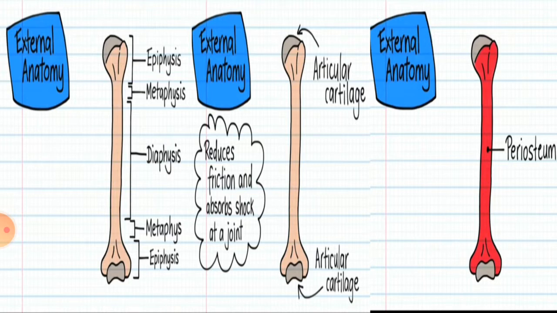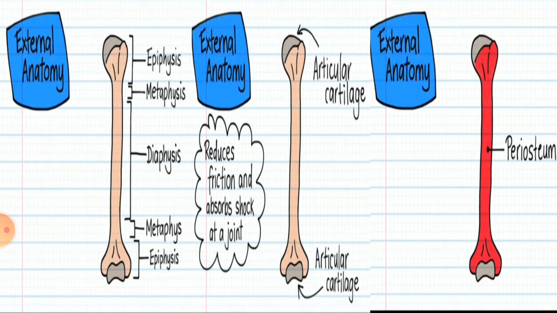We previously discussed the primary ossification centers during the intrauterine life, and you should know the difference between the primary and secondary ossification centers. The primary ossification center basically occurs during the intrauterine life, and they will be developed completely by the 8th week of intrauterine life.